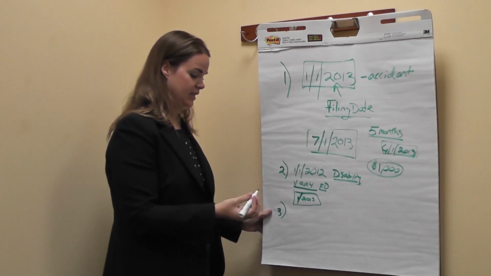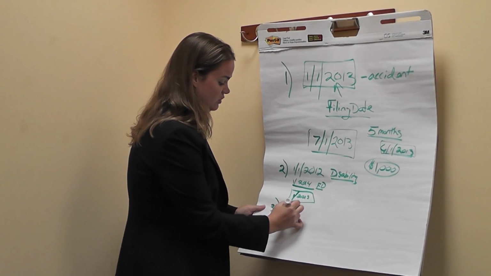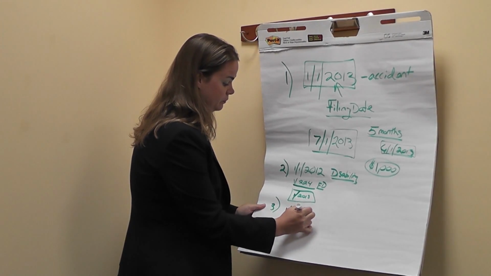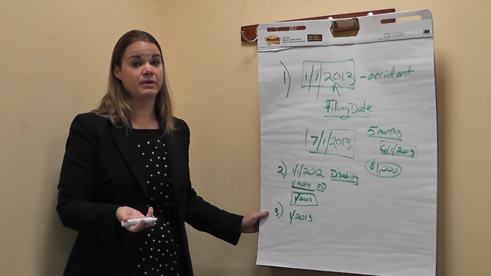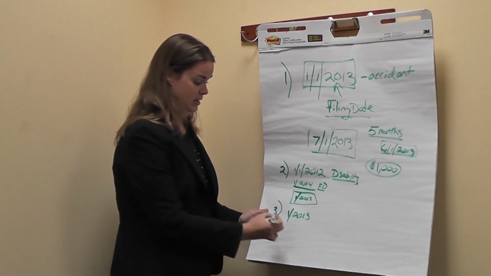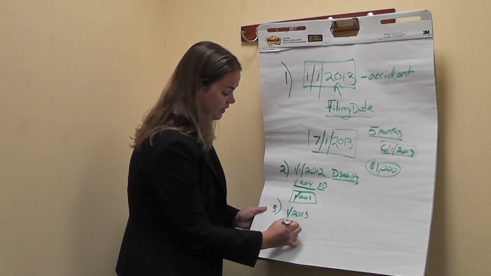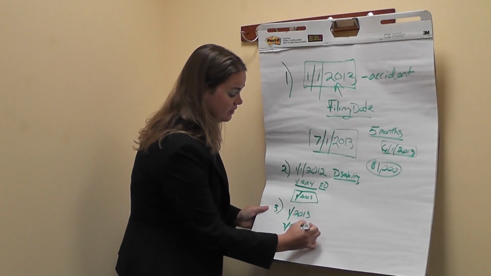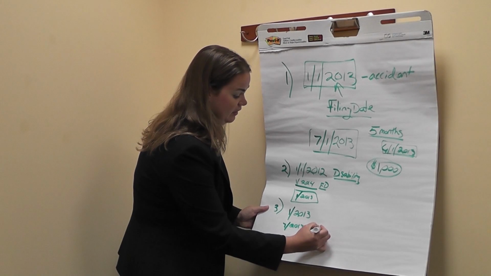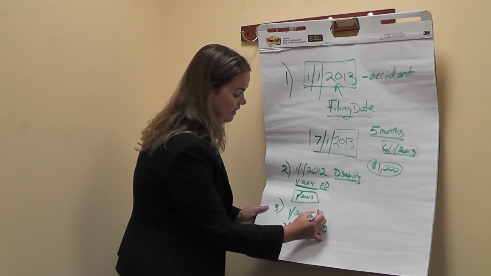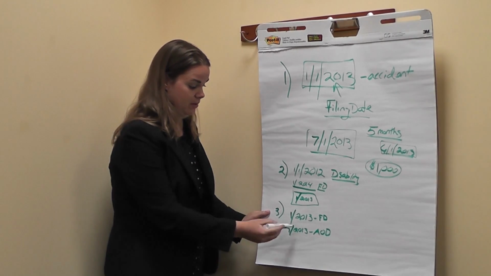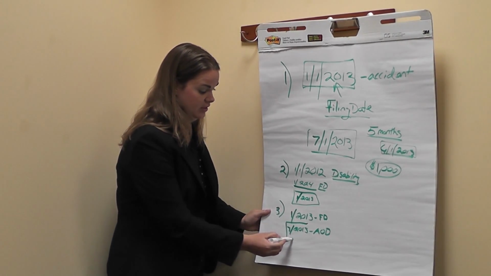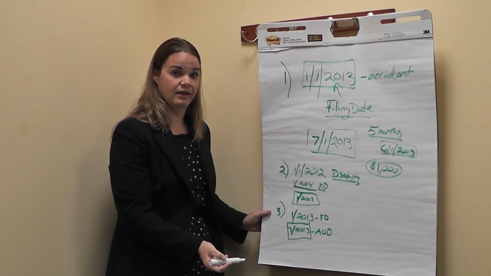Say you file your application in January 2013, and the judge at the hearing seems to think that your disability really began in July of 2013. So this is your new alleged onset date, and this is your filing date, okay? So you're going to get back benefits up to this July 2013 date.